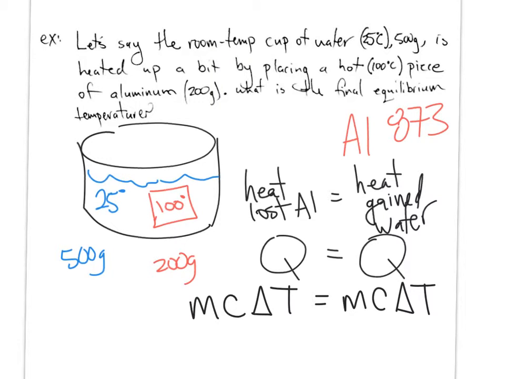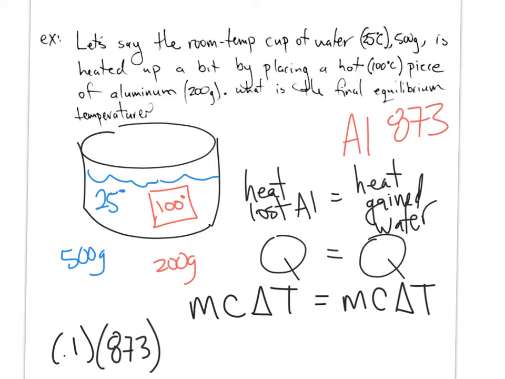For our aluminum, our mass is 0.1, so 100 grams is 0.1 kilograms. Specific heat of aluminum, and let's pretend that the previous page I told you 873, that's right from your textbook, but I could be wrong.